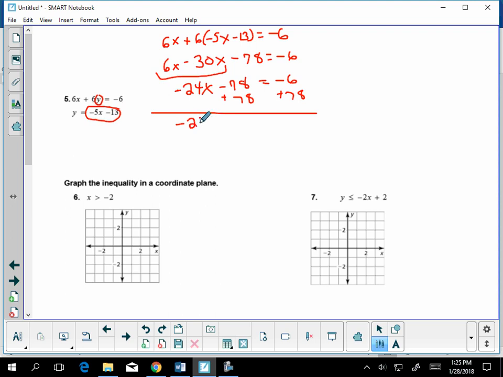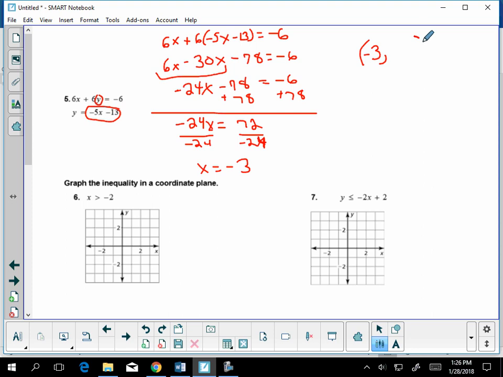Negative 24x equals 72. Divide by negative 24. It's supposed to be a 4. Sorry for the bad handwriting. And you get x equals negative 3. Again, that tells me half of my answer.